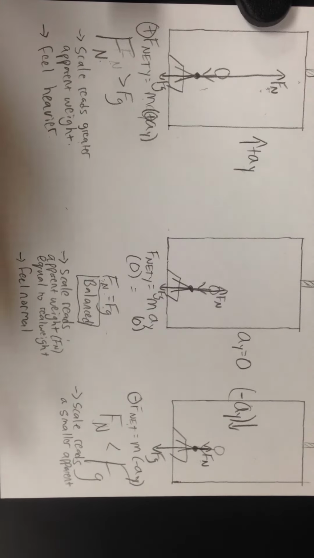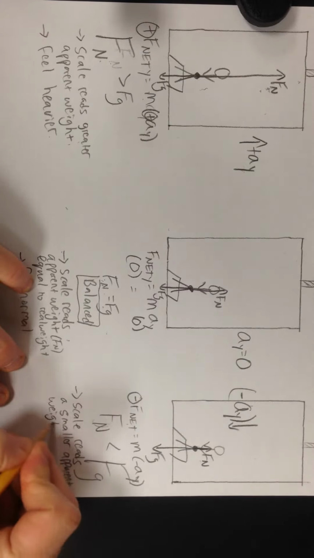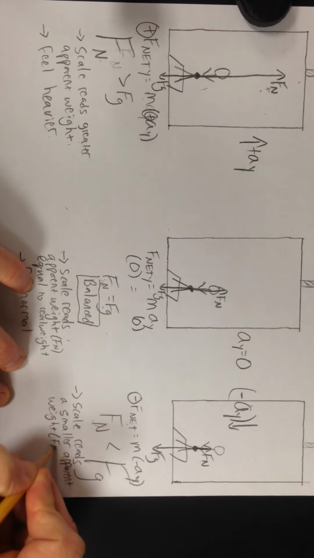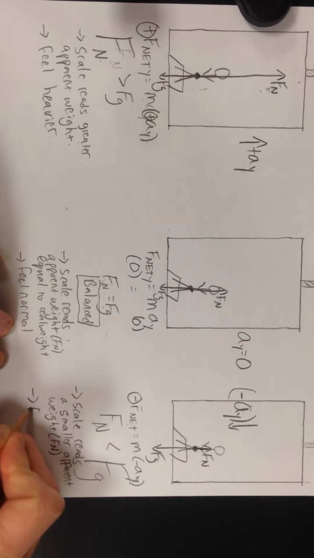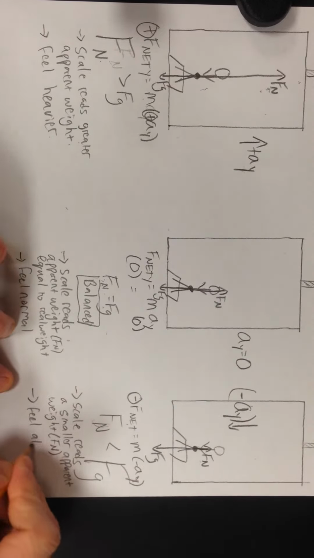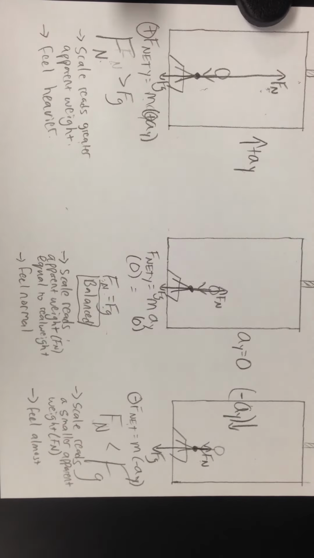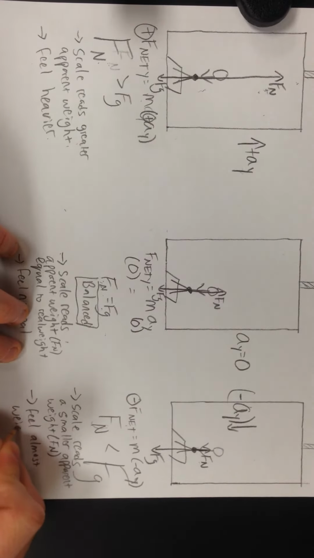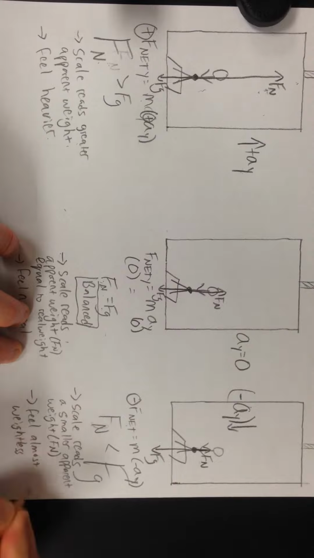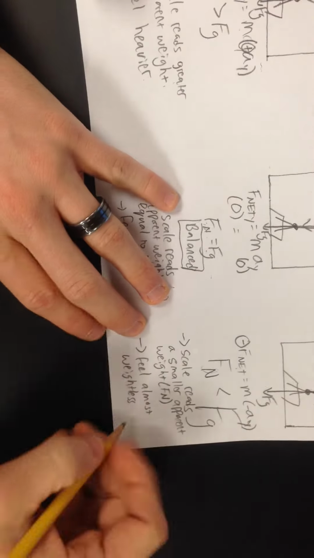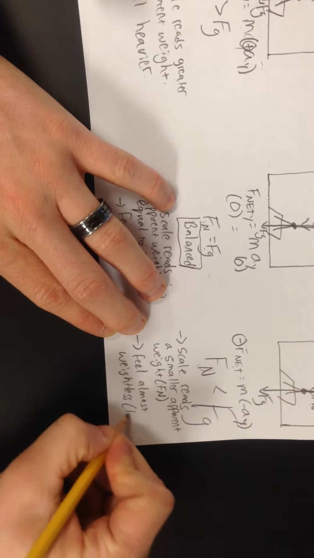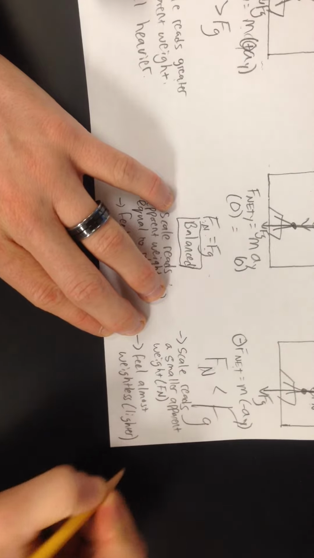And for a moment, you feel this light feeling in your stomach, like everything's detaching, you know? The scale reads a smaller apparent weight. That is Fn. And how do you feel? You feel almost weightless. Or at least lighter. Almost weightless or lighter, right?